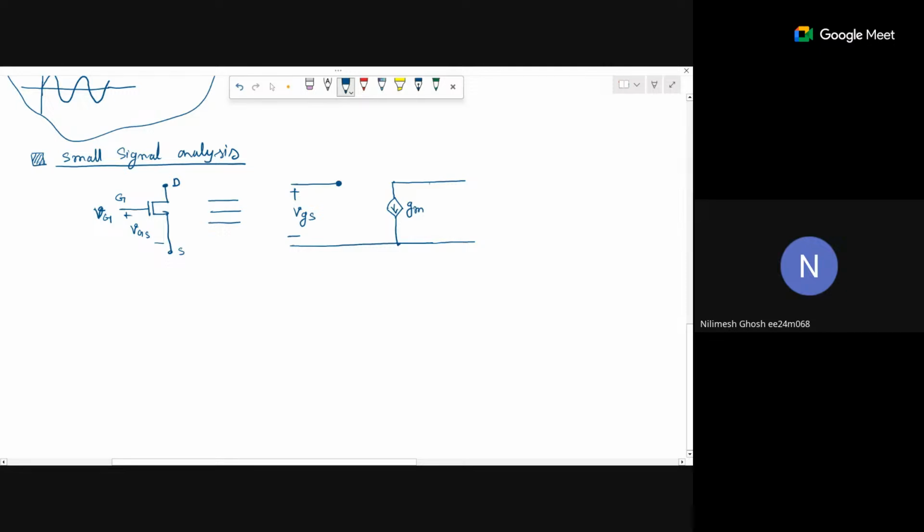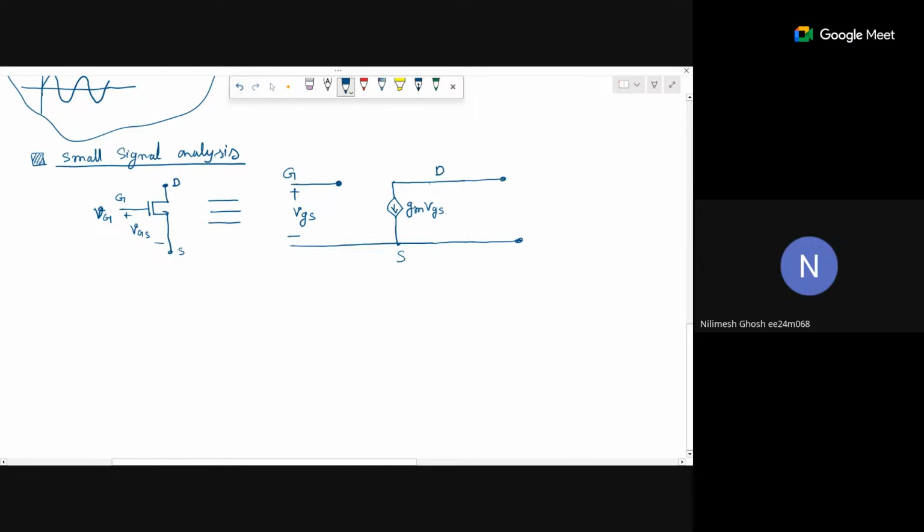Now I will discuss what gm is, don't worry. Till now I didn't discuss what gm is. So gm VGS. What are the terminals? This is the gate. This whole thing is the source. This is one node, and this is the drain.